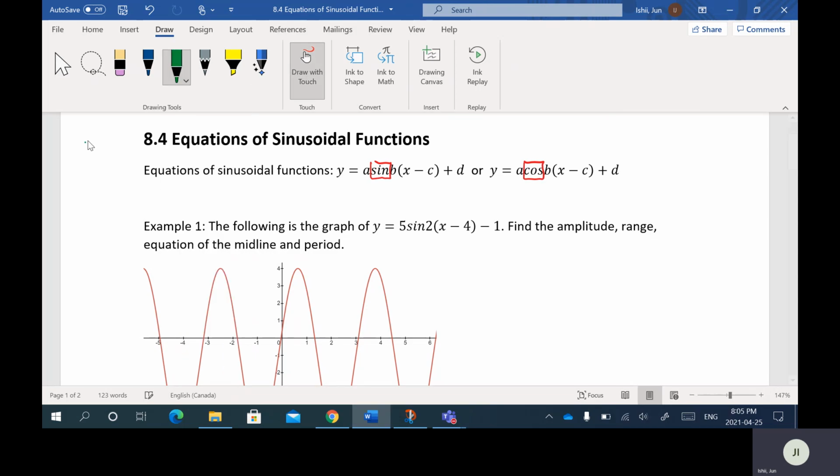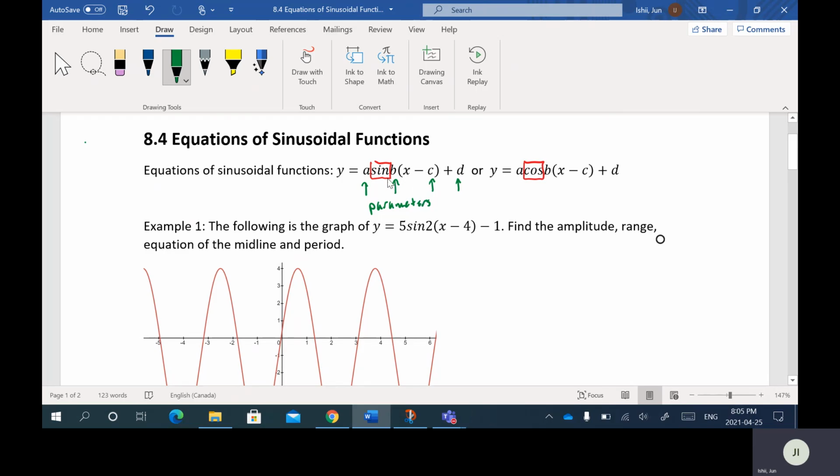The other letters in these formulas, the A, B, C, and D, are what we call parameters. Basically, numbers will be plugged in for A, B, C, and D that affect the graph.